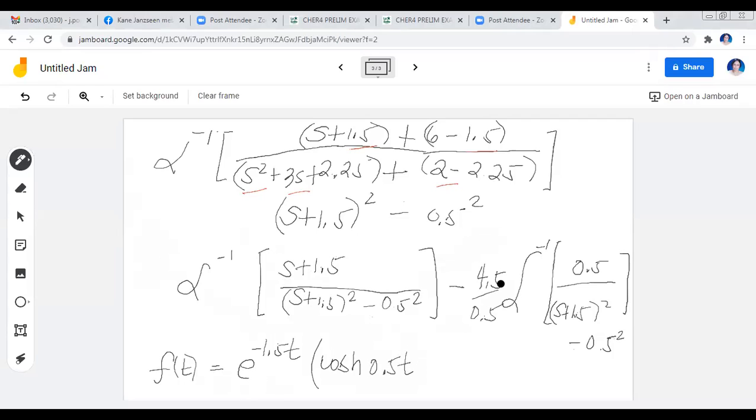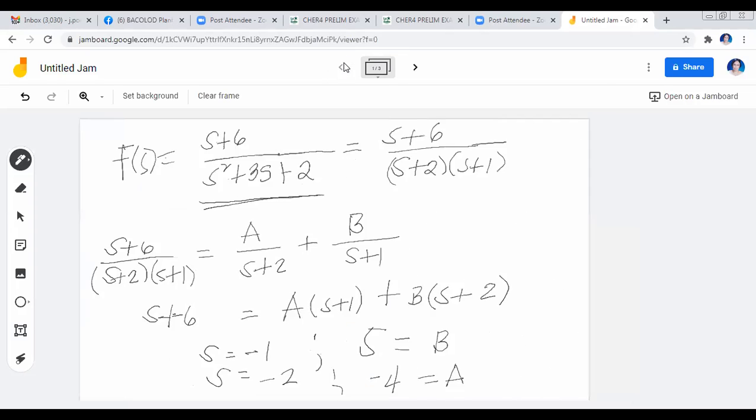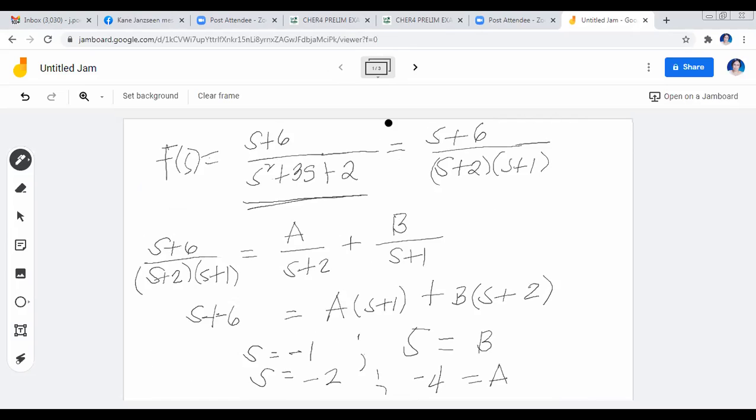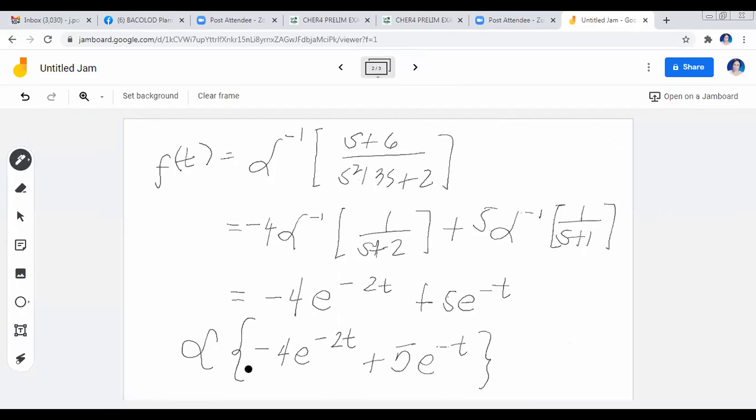This one, you divide your 4.5 by 0.5, so that would be a 9. And this one, since this is a constant, this is an S, so this constant must be hyperbolic sine of 0.5t.